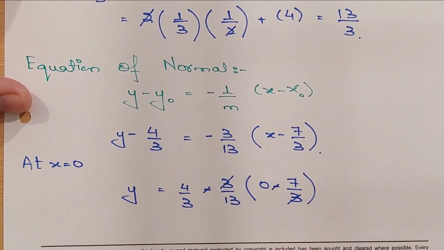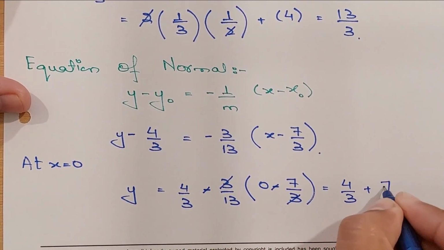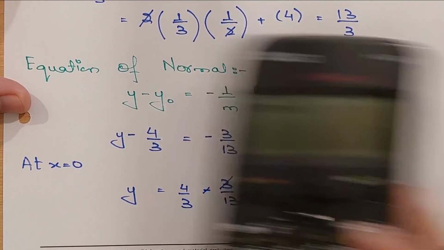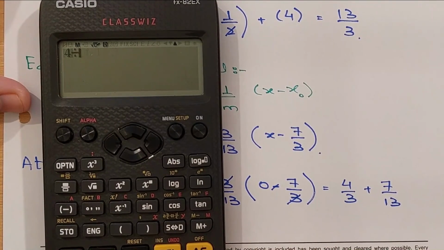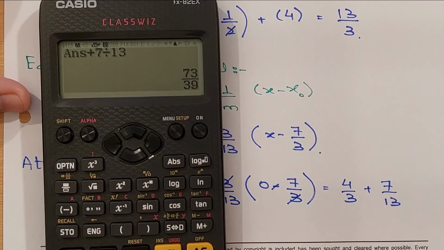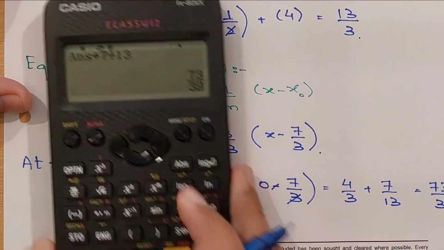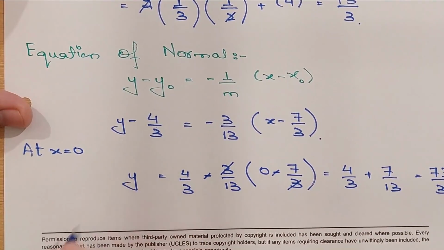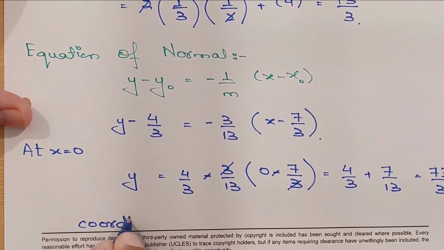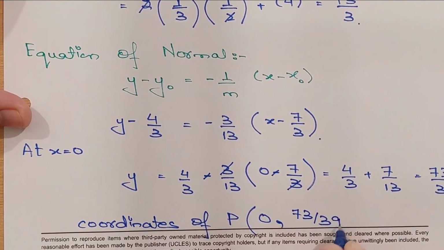Negative times negative makes positive, 7/13. So 4/3 plus 7/13. Let me simplify: 4 divided by 3 plus 7 divided by 13 equals 73/39. So the exact coordinates of P: the x coordinate is 0 and the y coordinate is 73 over 39.